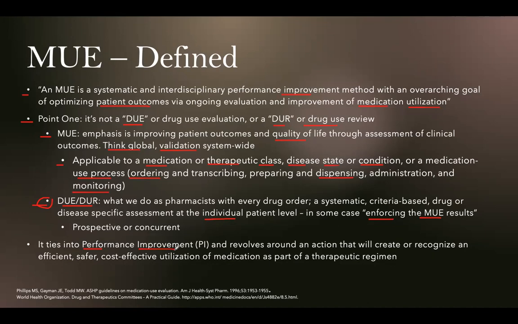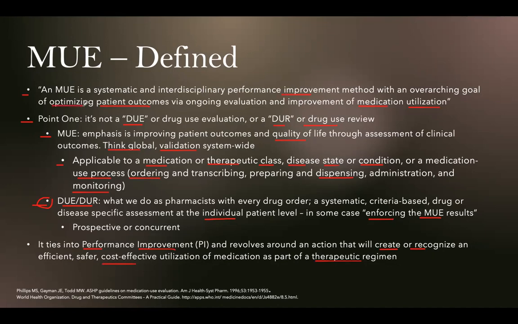It's going to be an action that we will create, and then we'll recognize. There are your keywords: create and recognize an efficient, safer, cost-effective utilization of medications as part of the overall therapeutic regimen, our goals. So always think improvement of patient outcomes.